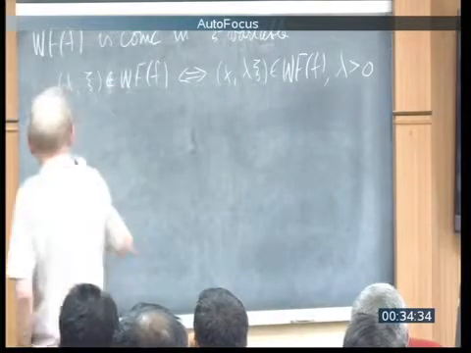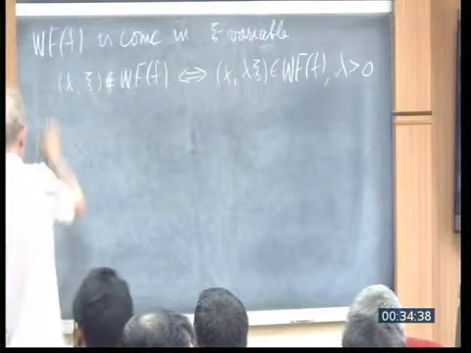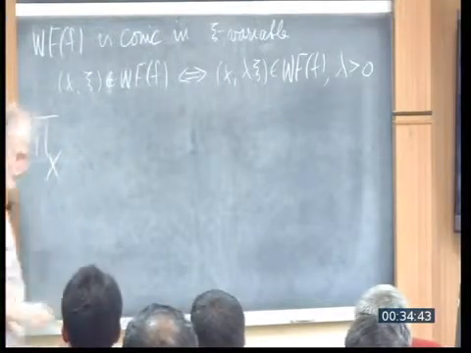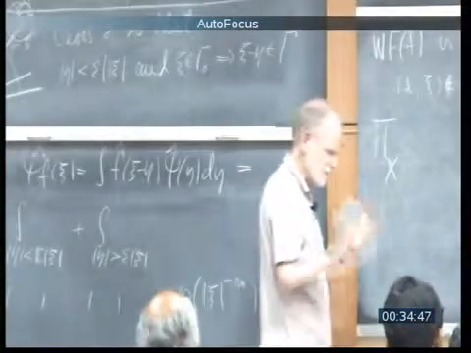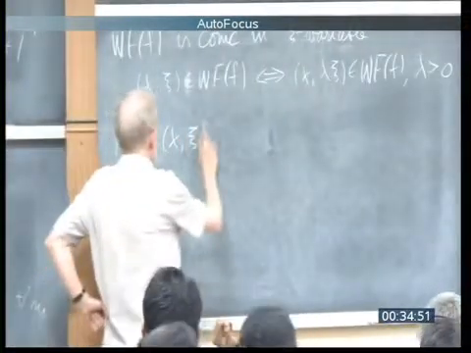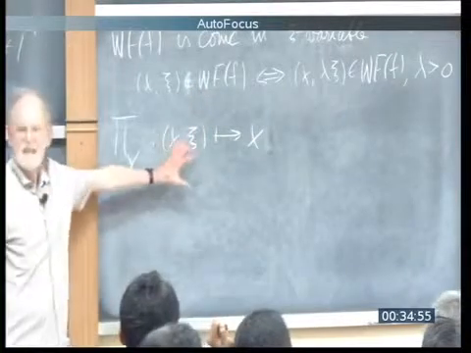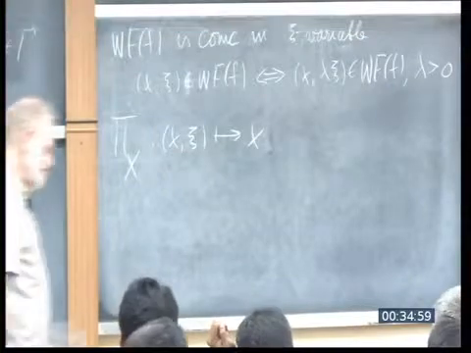But first I want to state that let me denote by pi, well, R^n sometimes denoted by capital X, the X space. Pi_X is the projection where you simply forget the xi value.